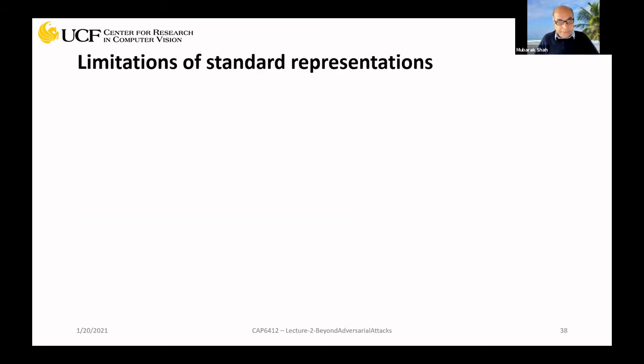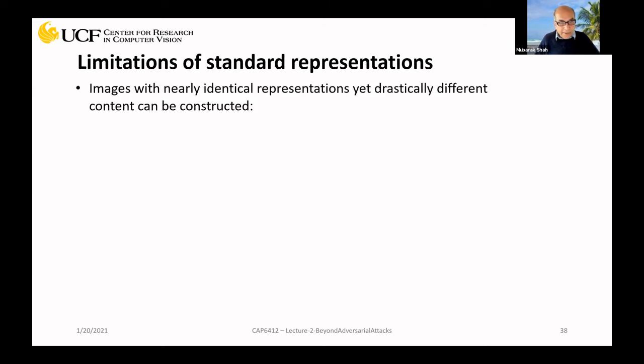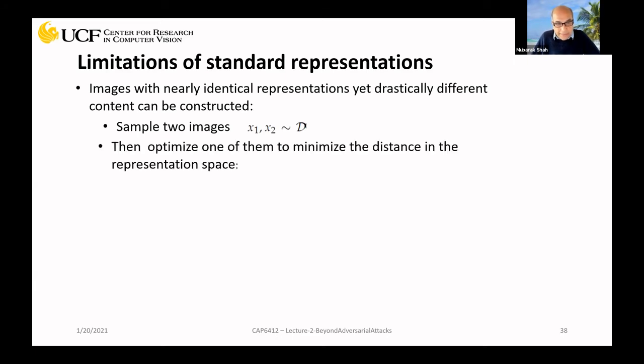The limitation of standard representations is that images with nearly identical representations but drastically different content can be constructed. Let's say we sample two images from a dataset, X1 and X2, and we want to optimize one of them to minimize the distance in the representation space.